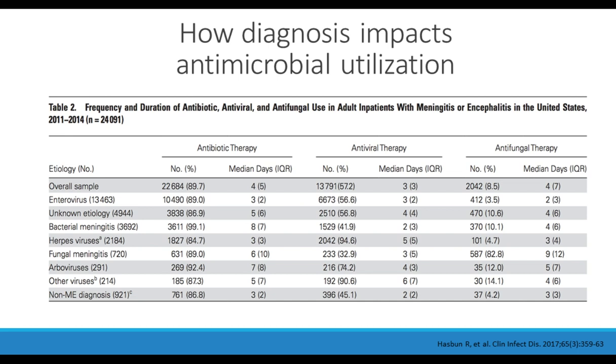If you look at someone who has an unknown etiology for meningitis or encephalitis, they are going to get 5 days of antibacterial therapy, whereas if they have a positive enterovirus, they may only get 3 days of antibacterial therapy. That's a significant improvement. Again, reducing that antibacterial exposure, reducing some of that selective pressure, and the likelihood of developing other infections such as C. difficile.